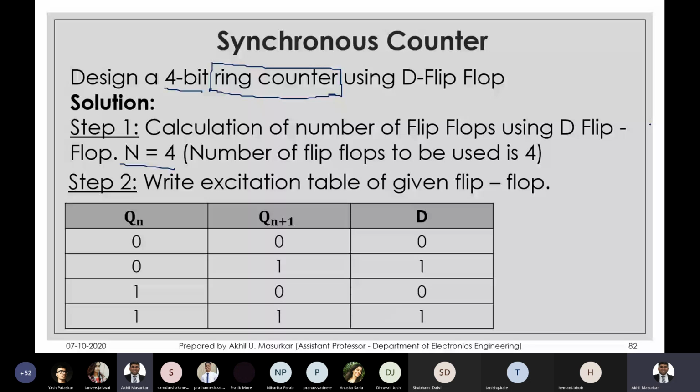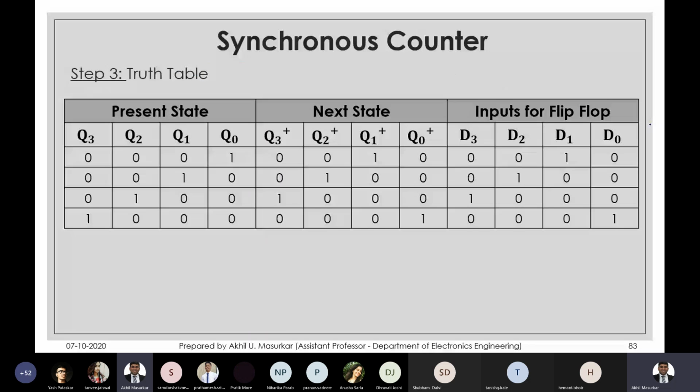Now let's look at step 3. That is the truth table. So the truth table is pretty simple. What you can see here is that in this case, first Q3 is 0, then Q2, then Q1, and then we have 1. So this kind of a sequence, when there are 4 bits and any one of the bits is only 1 at a time, this type of sequence is also called as a one hot sequence.